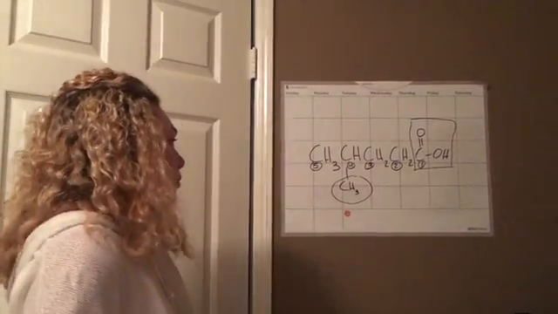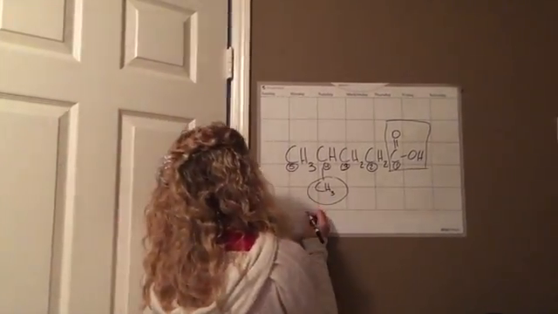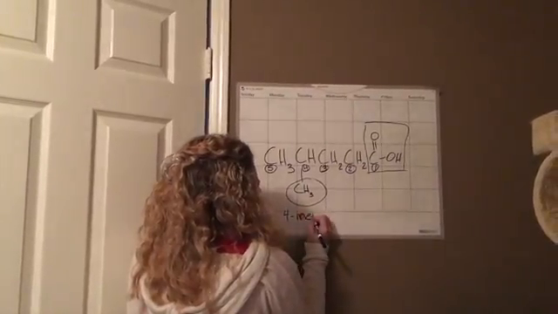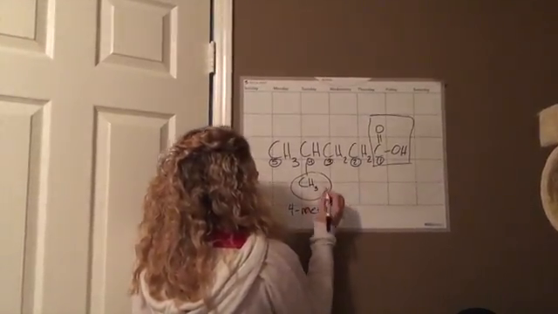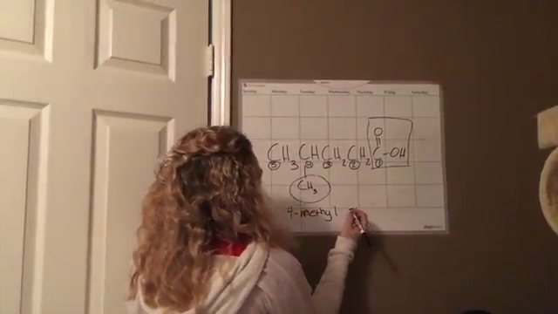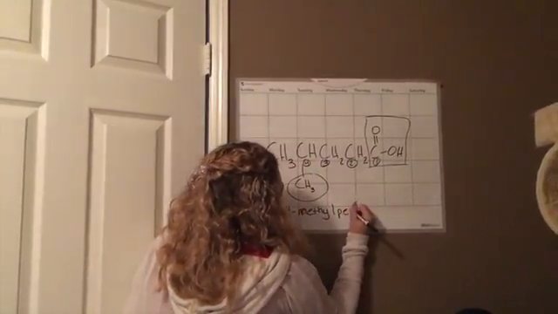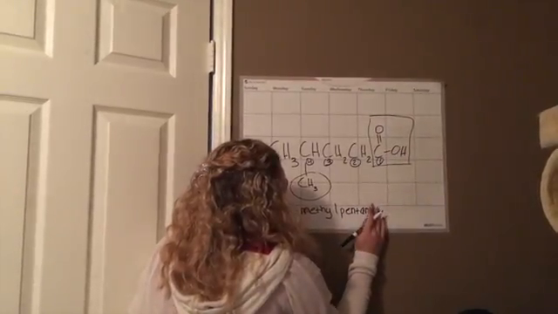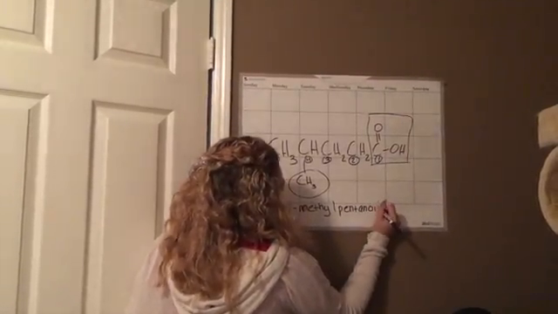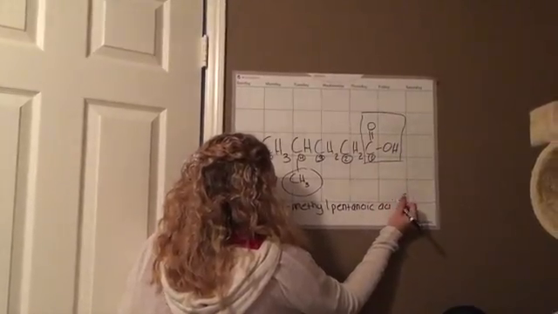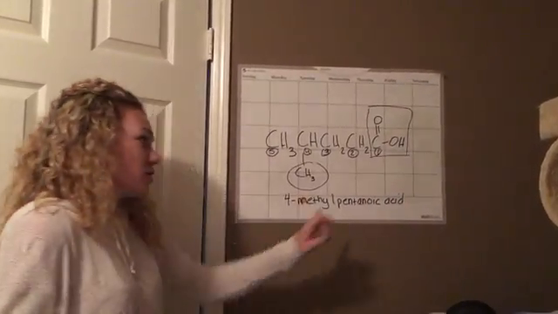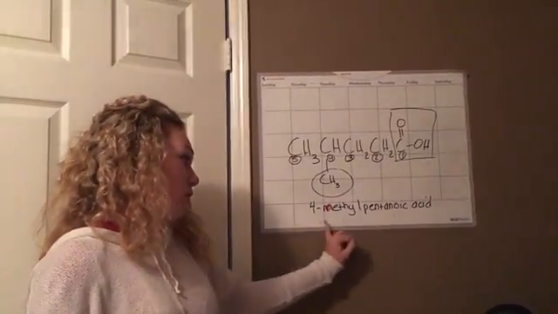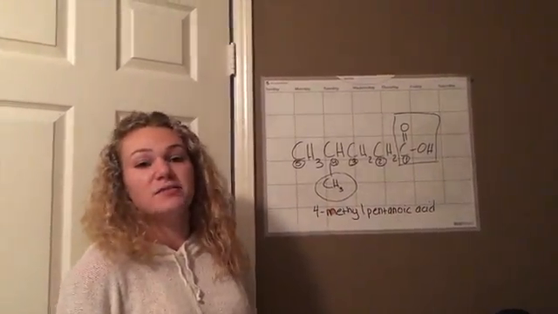So for our example, we would put 4-methyl, because this is a methyl group on carbon number 4, pentanoic acid, because we dropped the E from the pentane name and added oic acid, for 4-methylpentanoic acid.